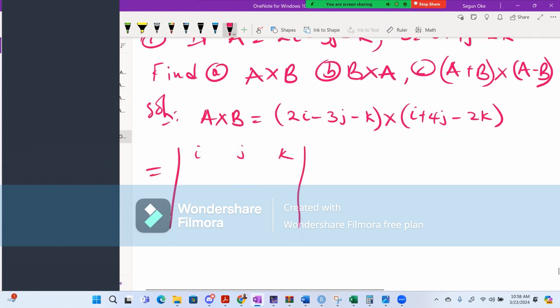Extract the first one: 2, -3, don't forget the negative, -1. Then the second one: 1, 4, -2.